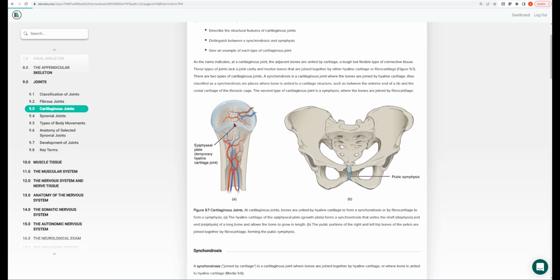Now, we know that this cartilaginous joint, over time, when the bone reaches its adult height, that cartilage is no longer. This becomes the epiphyseal line, and the blood vessels are able to penetrate and connect with each other.